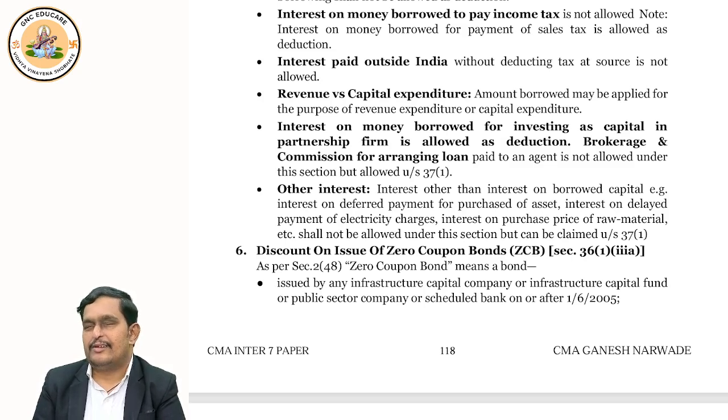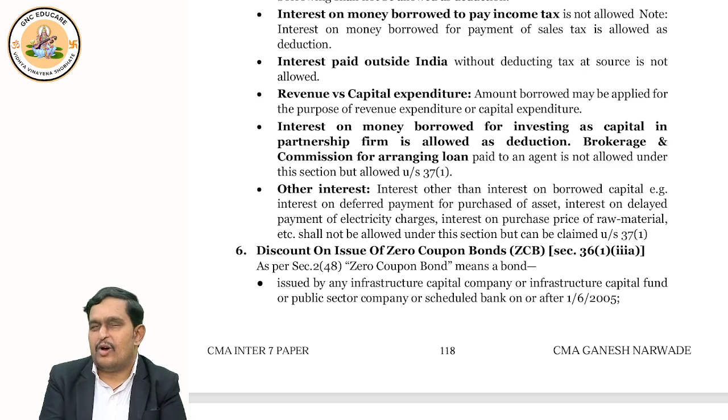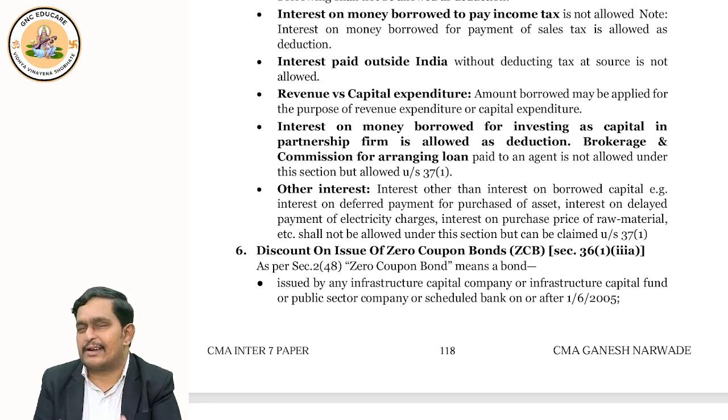Now, let's go to the next point. Capital versus revenue. After taking the loan, you use the loan for revenue purpose, maybe business operations, or capital purpose, maybe constructing a building or purchasing new plant and machinery. Doesn't matter. Is the loan taken for the purpose of use in the business?